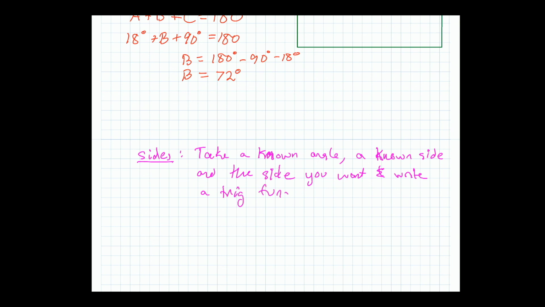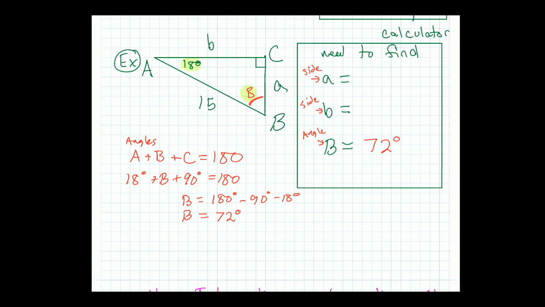The reason I'm writing that out is because you get to the point where there are so many numbers and letters on your picture that you might not be sure what to do next. So we need to use what we know. We know the 18, so I'm going to use the 18. We also know the 15, so I'm going to use the 15. Which side am I going to try to find, the A or the B? Let's find the B first. So I'll use those three.